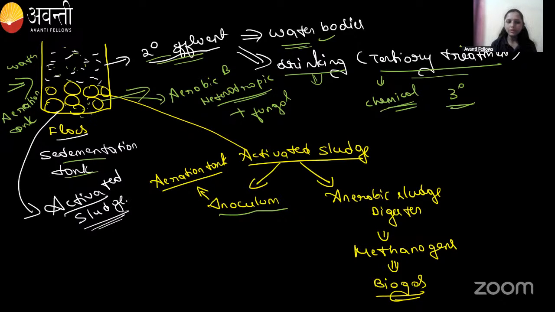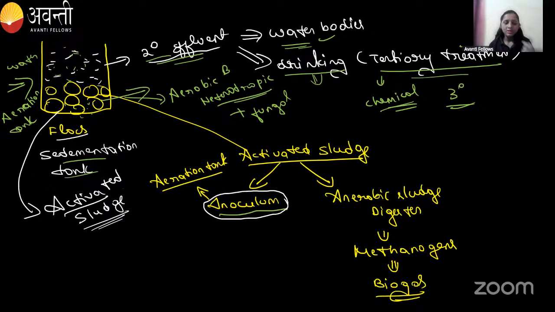Now see here, this activated sludge we will use for the inoculum. In the last class we studied inoculum: we boil the milk and take a small tablespoon of curd as an inoculum for making curd.